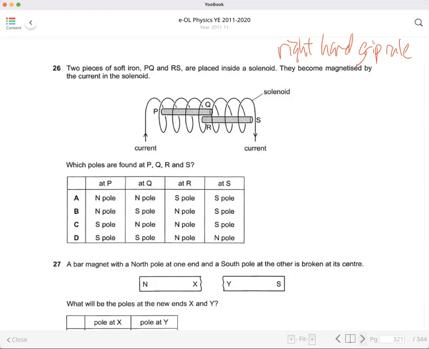Bei Kuan, are you there? Do you need help? Quickly do. Bei Kuan, what's your answer for 26? Use your right hand grip rule to do question 26.